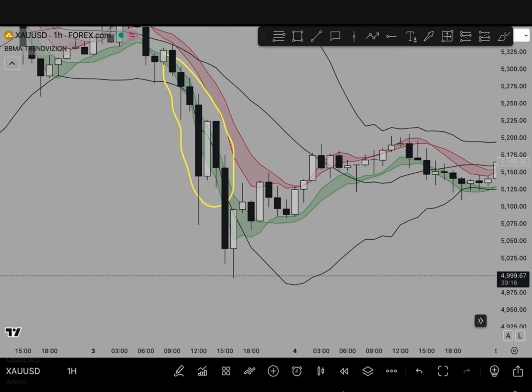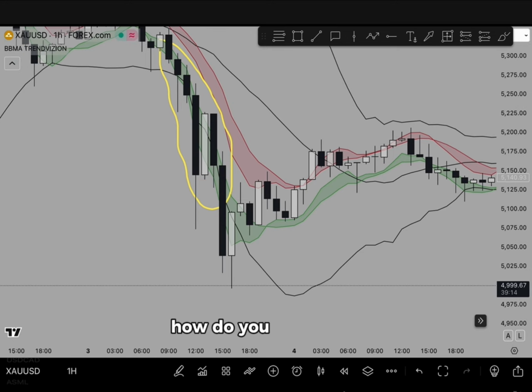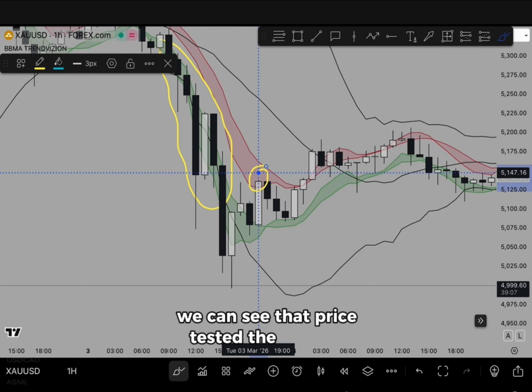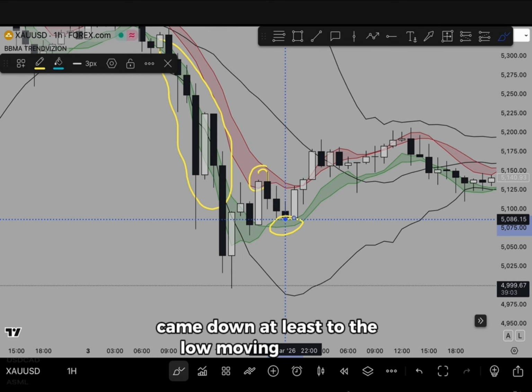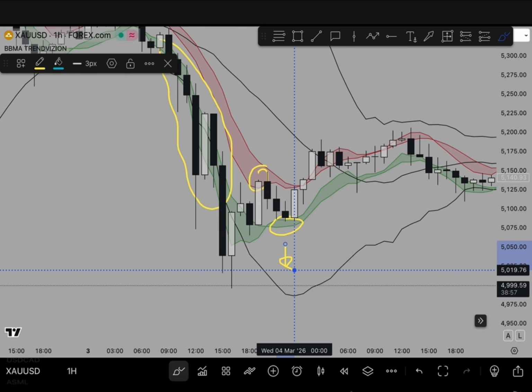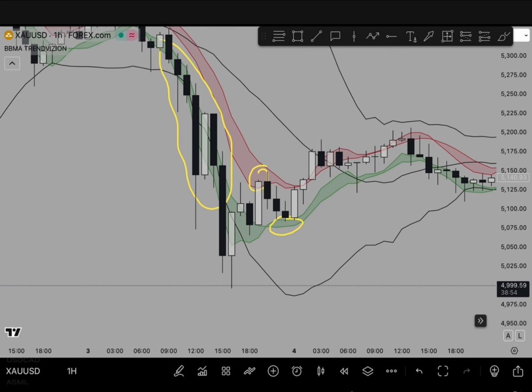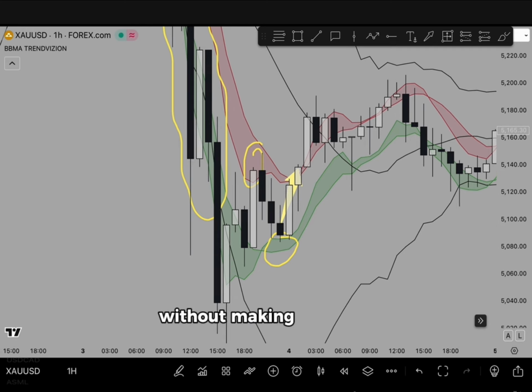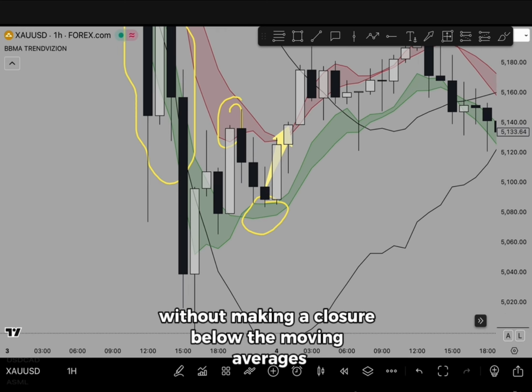So how do you see what's happening? We can see that price tested the moving averages, came down at least to the low moving averages, but then instead of going down, it actually went up again without making a closure below the lower moving averages.